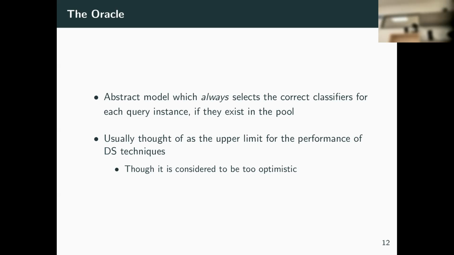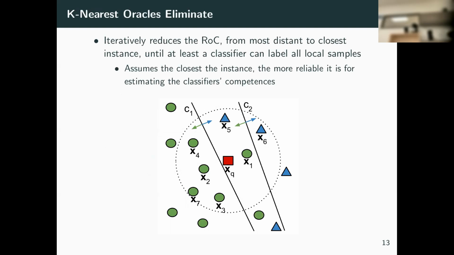Explaining now the k-nearest oracle eliminate, the KNORA-E, which is the technique that inspired the proposed one. The KNORA-E is a dynamic selection technique based on the oracle model, in the sense that it will select from the ensemble the classifiers that correctly label all instances in the range of competence.